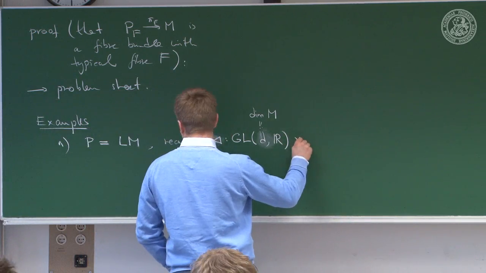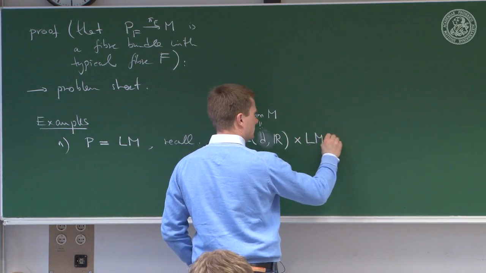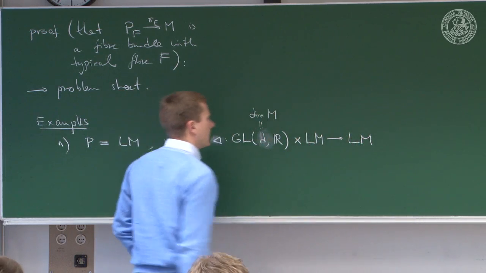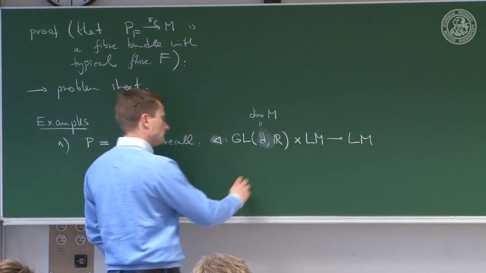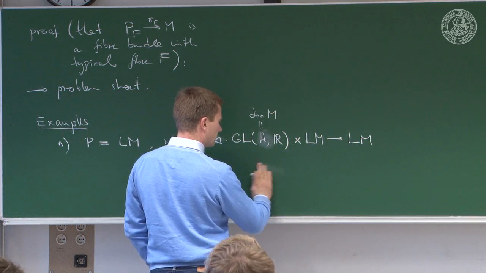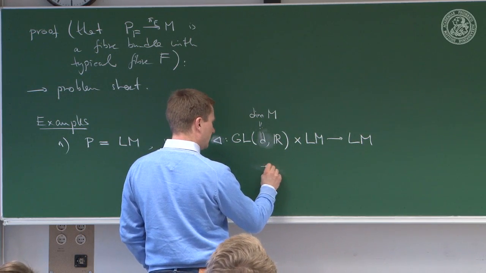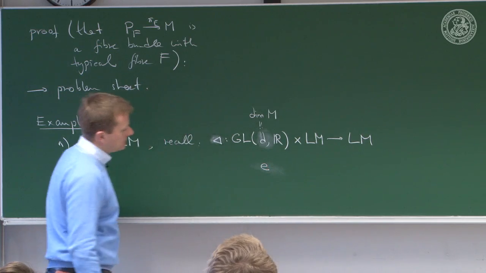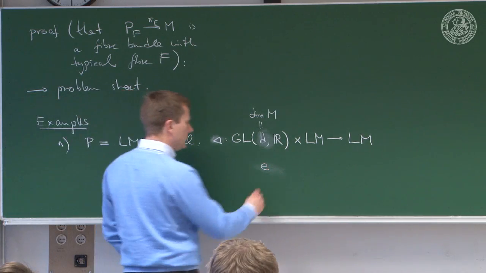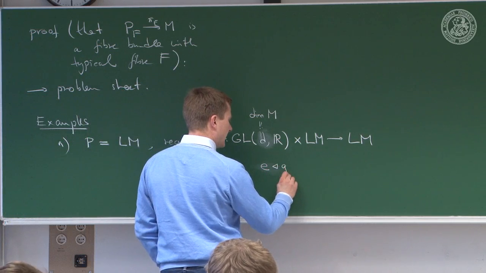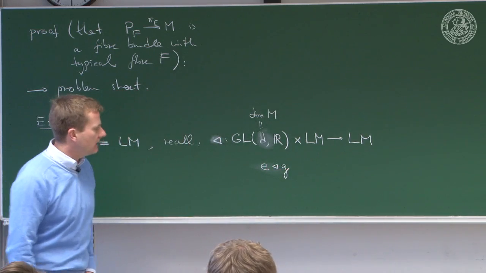You have such an action on the frame bundle, and it is given by acting on a frame, which we write E, from the right by an element G of GL(D, R).